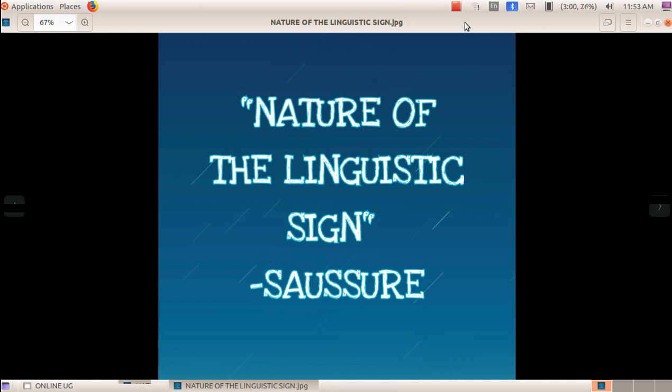Second one, relational. And the third one I am going to talk about is the constitutional feature. That example will be really interesting for you.